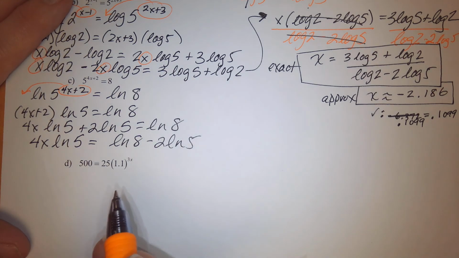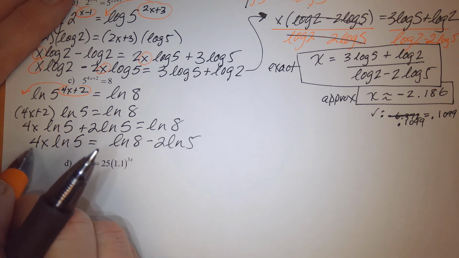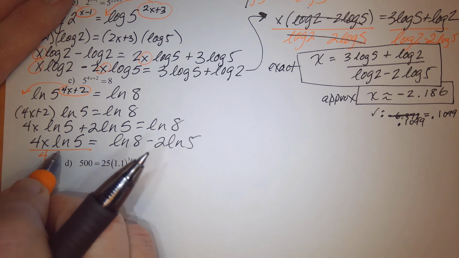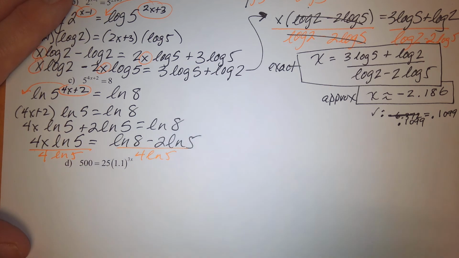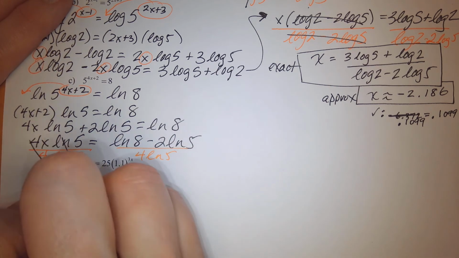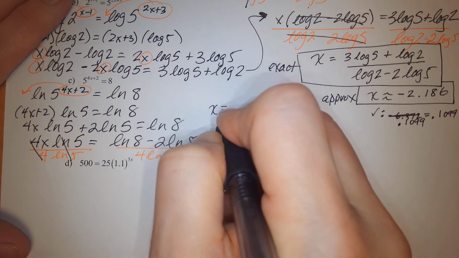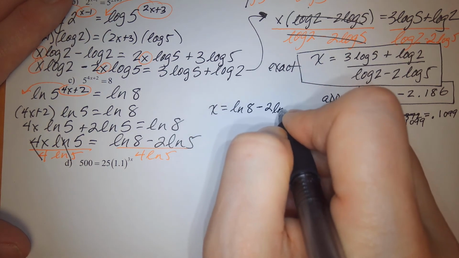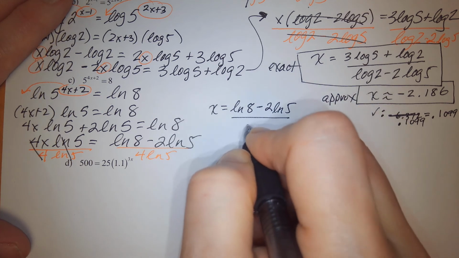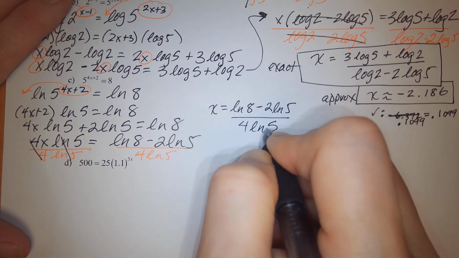Then my last step, I'm going to divide everything by 4 natural log 5. So that means x equals (natural log 8 minus 2 natural log 5) divided by 4 natural log 5.